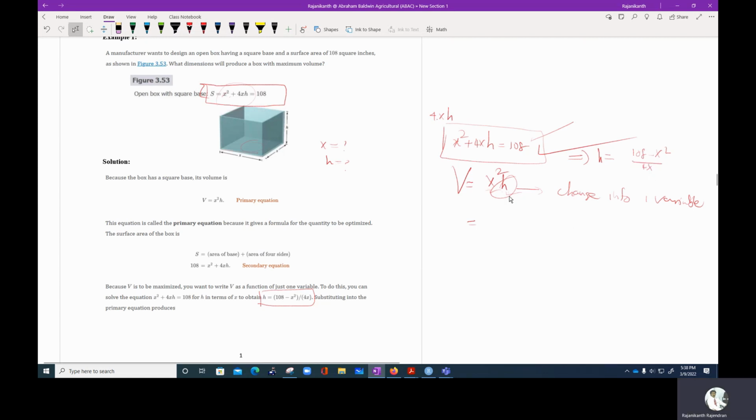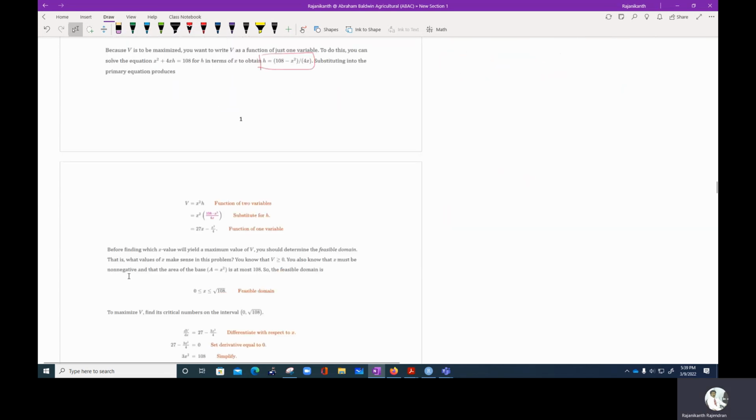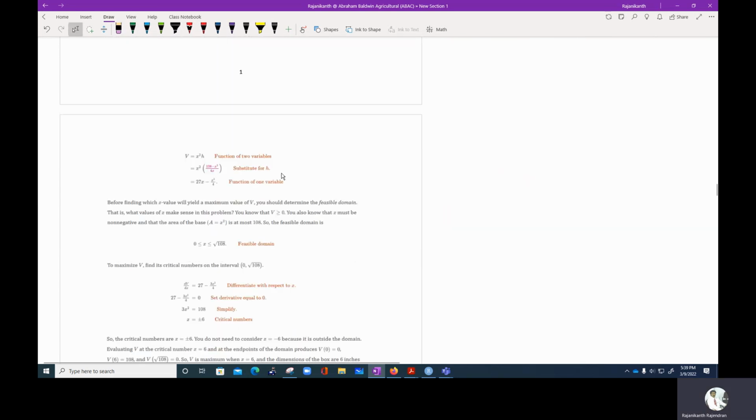Now you can plug those values into the volume function, so you will get the new volume function in terms of only x, which is x times 108 minus x squared over 4. After that, you have the function all in terms of x, simplified.